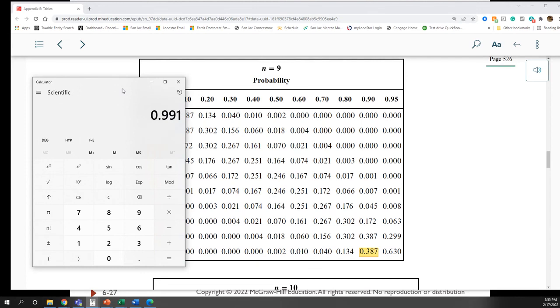At least 7 homes have large screen TVs. Okay, so we want to know at least 7. So basically that again is taking 0.001 plus 0.007 plus 0.045. Okay, so that's up to 6. 0.053. 1 minus 0.053. 0.947.